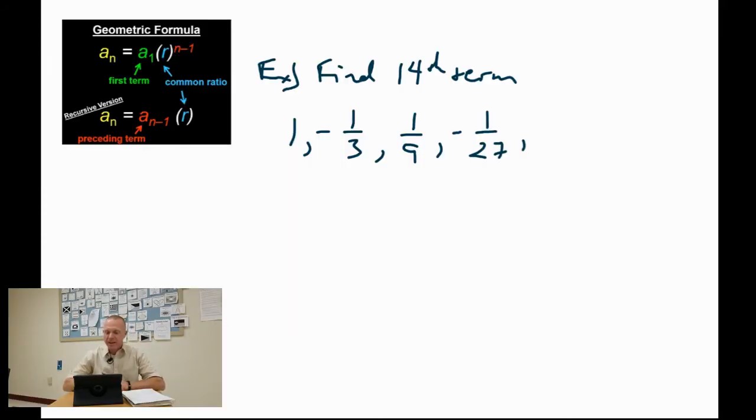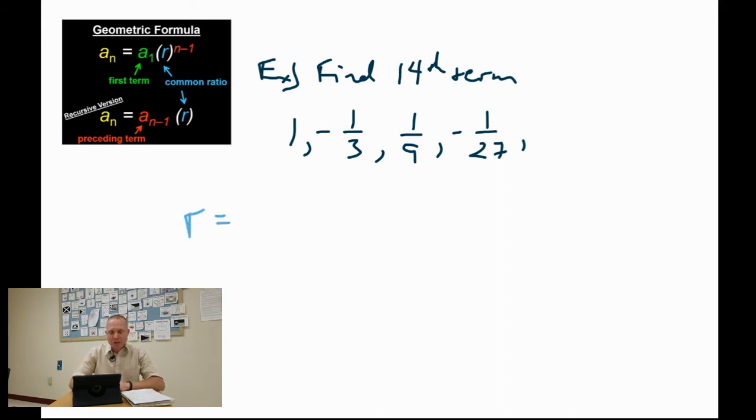Let's find the 14th term of this sequence: 1, negative 1/3, 1/9, negative 1/27. Now, certainly, I'm not expecting you to multiply numbers together 10 more times. That's not the idea. The idea is to use the formula. And as you get to that formula, you find out very quickly that the first thing that we need is the common ratio.